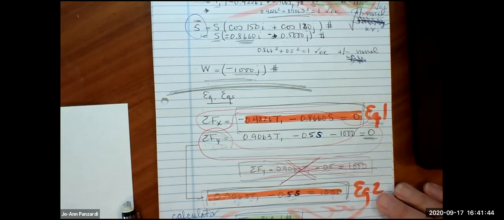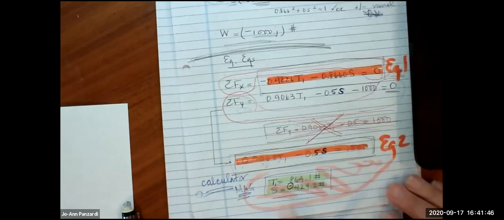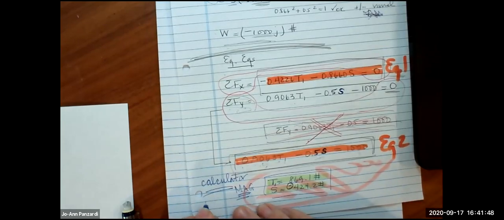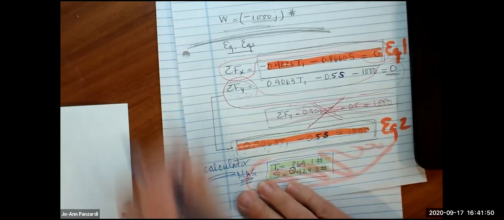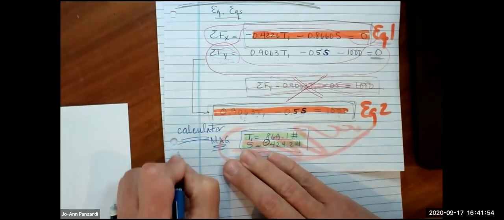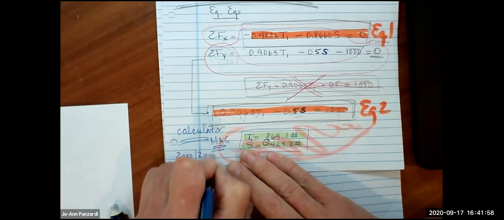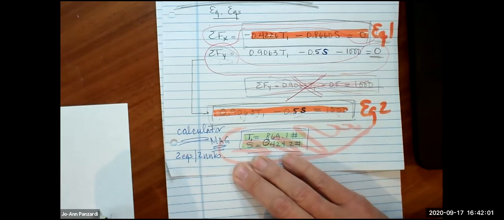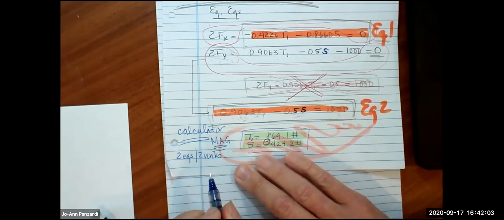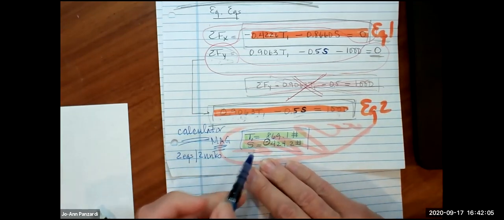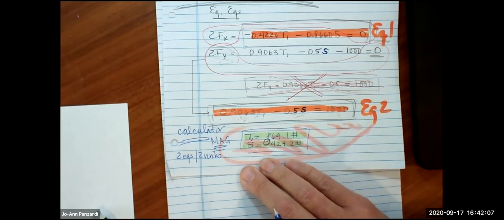But the other two ways of setting it up using the calculator is, the calculator has a method where you could plug in two equations and two unknowns, and then you hit a button and the calculator gives you the answers.